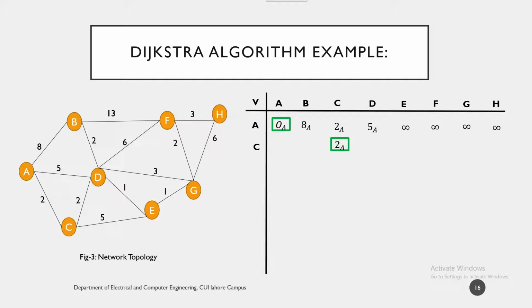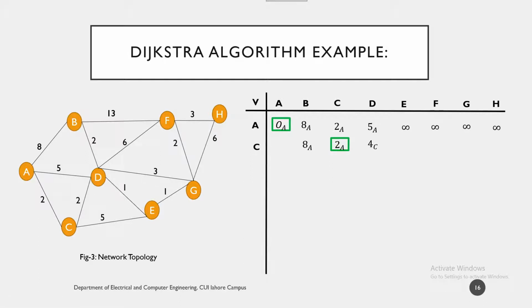C is not directly connected to B, so this distance remains the same. C is directly connected to D with a distance of 2, so this 2 plus this fixed 2 distance makes it 4.